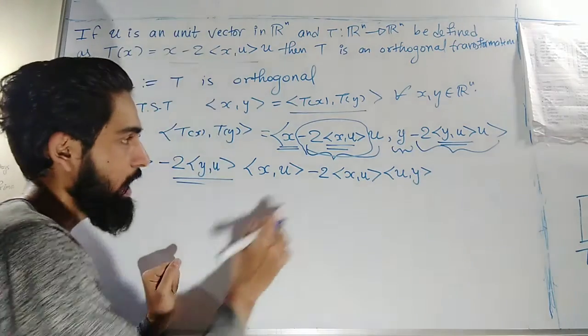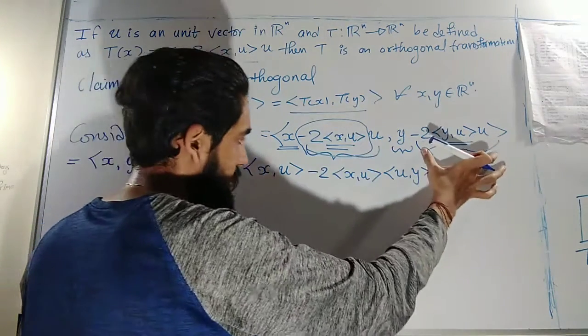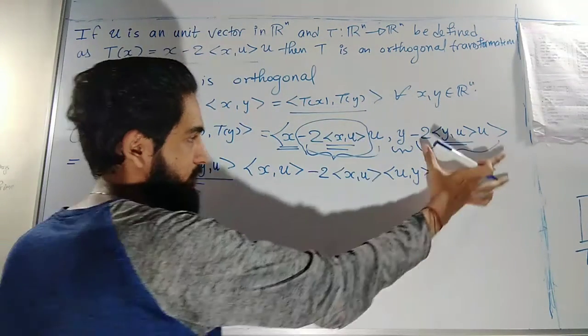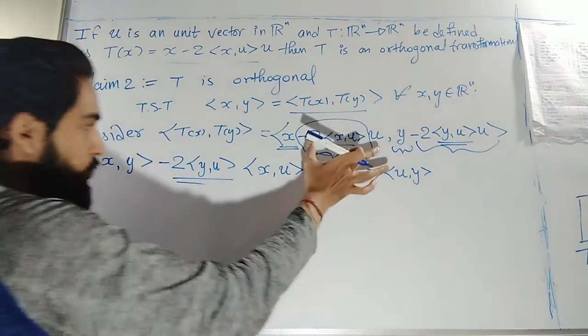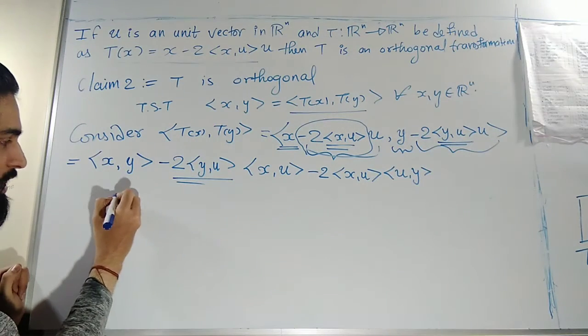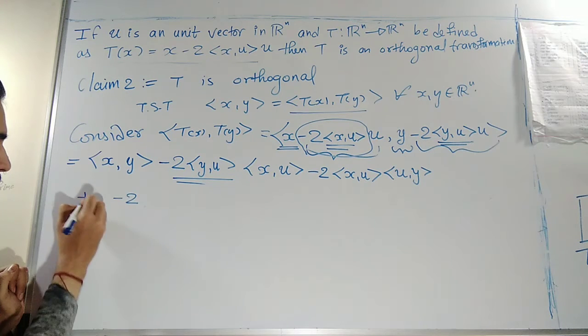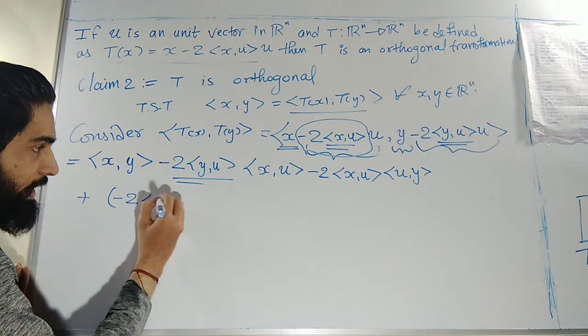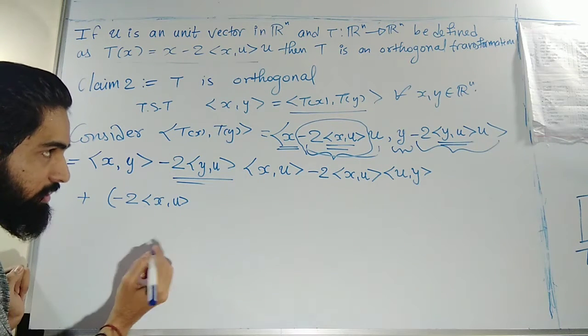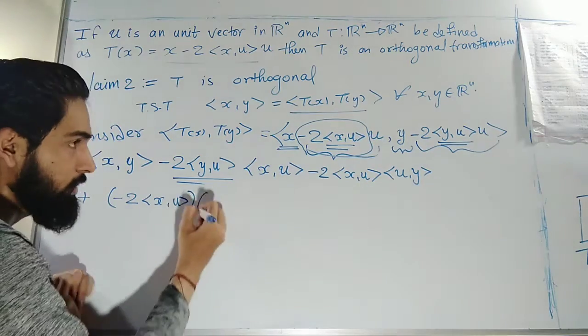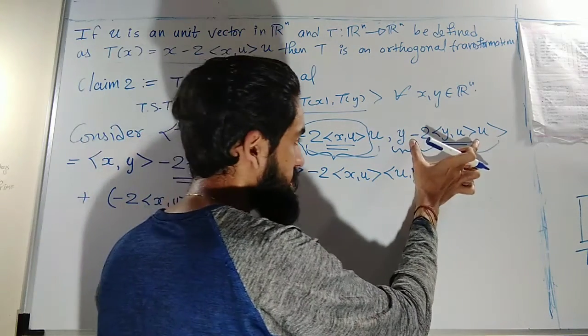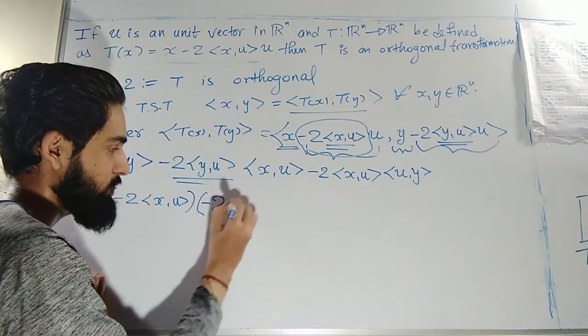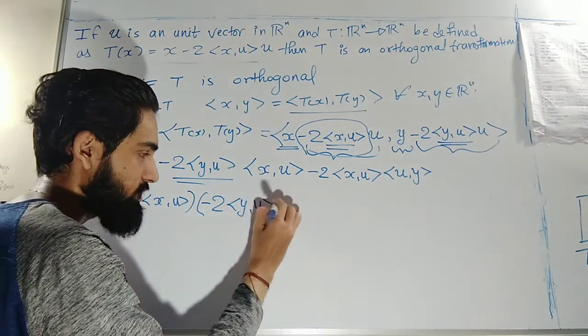Now the second term with the second term: from this, what will come out is minus 2 times inner product x comma u, the scalar from the first. From the second also this part is the scalar part, so I'll take it outside. Minus 2 times inner product y comma u is the scalar part.